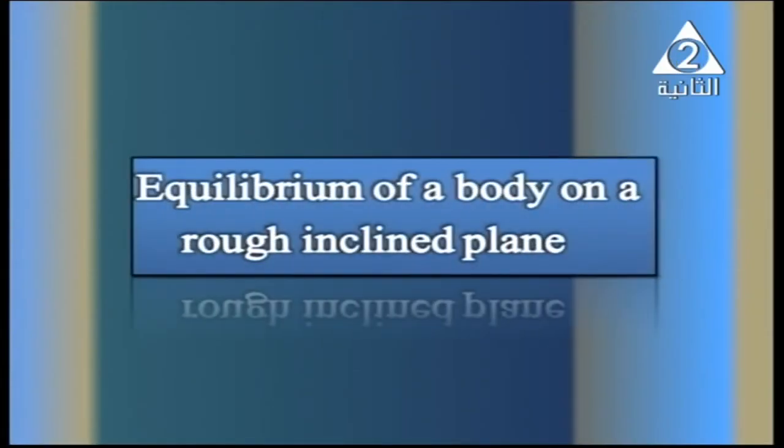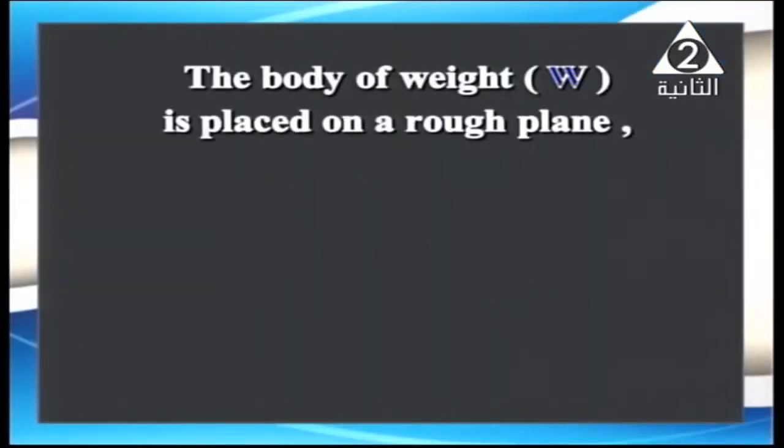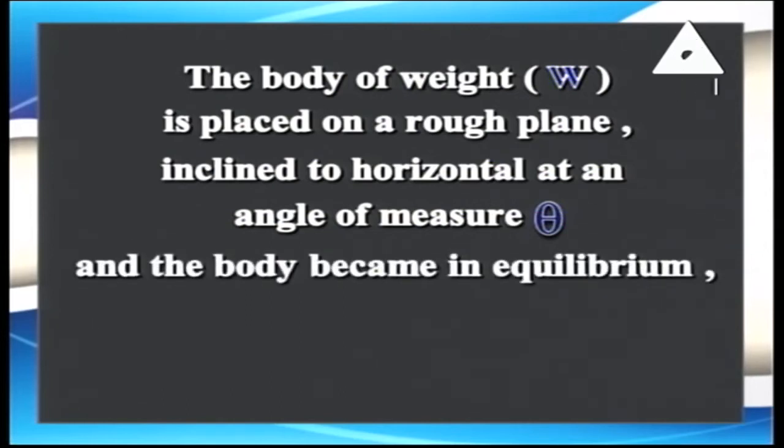Now, my dear student, we are moving to equilibrium of the body on an inclined plane. Look at the first information. A body of weight W is placed on a rough plane inclined to the horizontal at an angle of measure theta, and the body is in equilibrium.